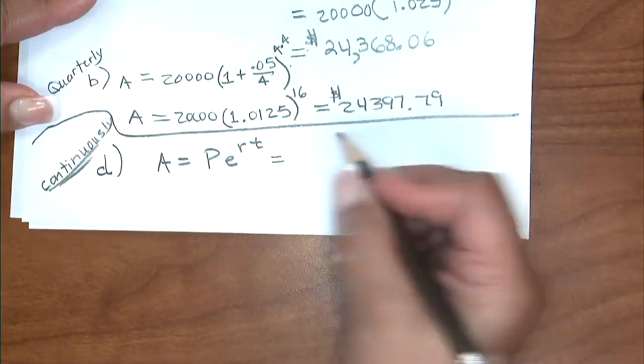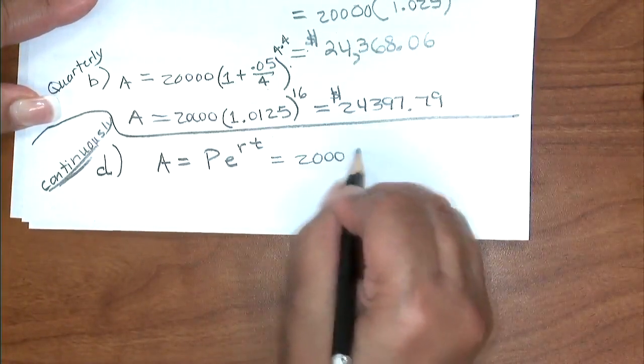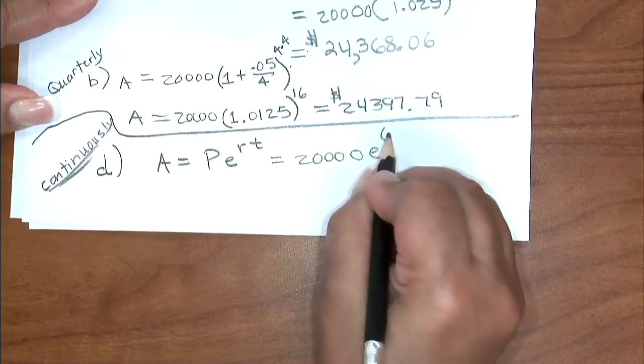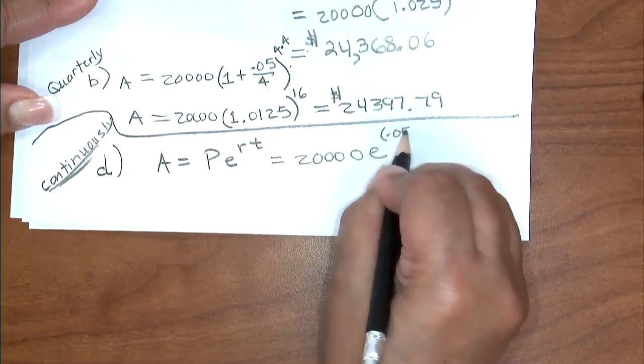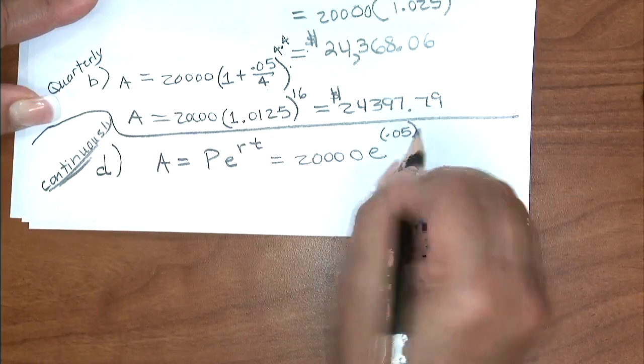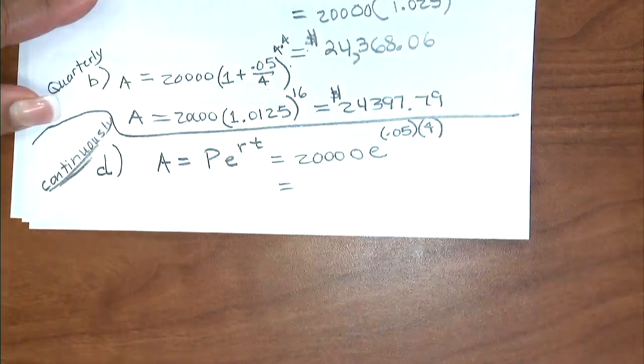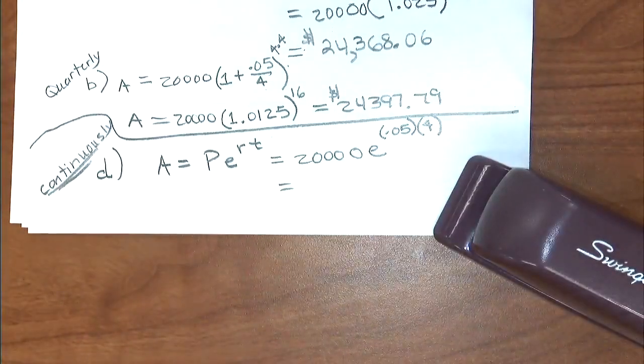So this is actually less work. It's 20,000 times e to a power of r times t. You can put it in the calculator the way it is. All right, so here we go.